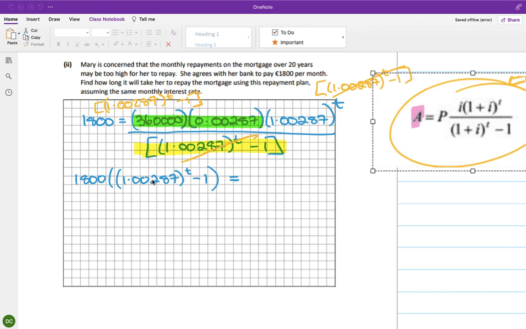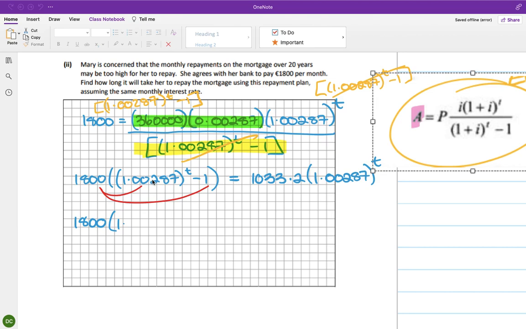So that is 1033.2 times 1.00287 to the power of t. This I can multiply distributively, sort of. I can't really do much with the first part because it's got a power, so I can only put them together.